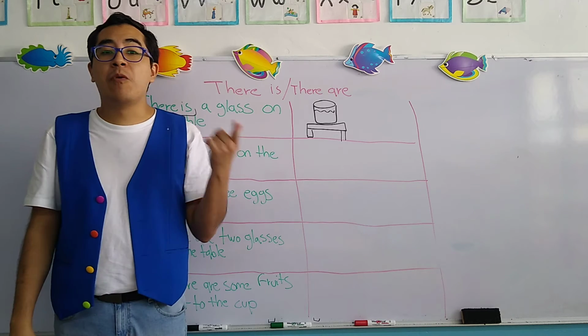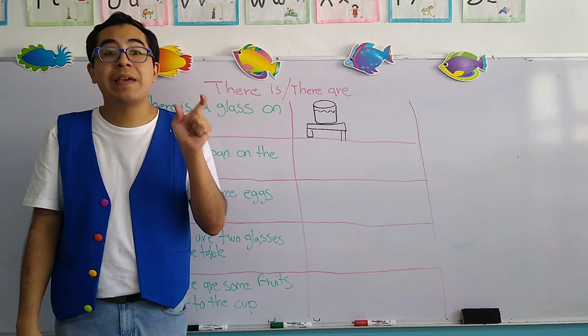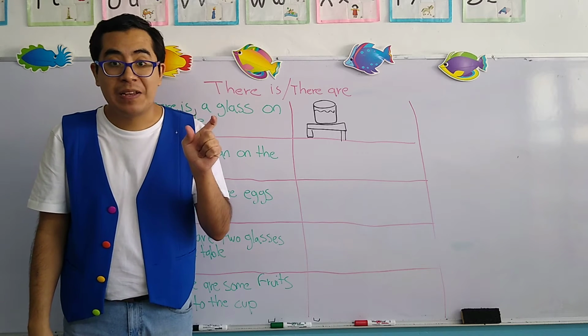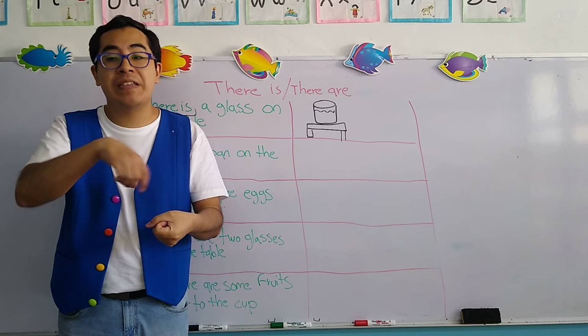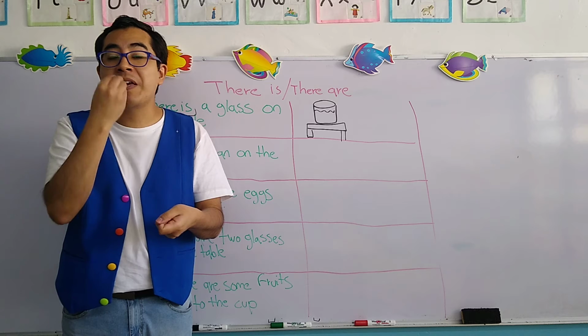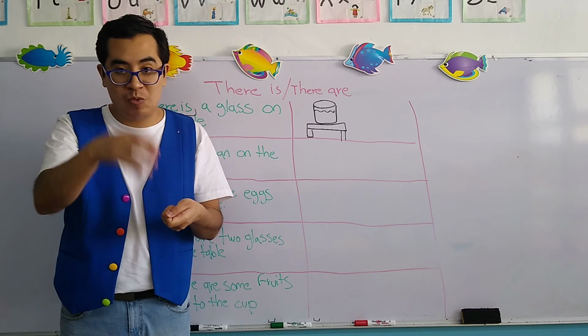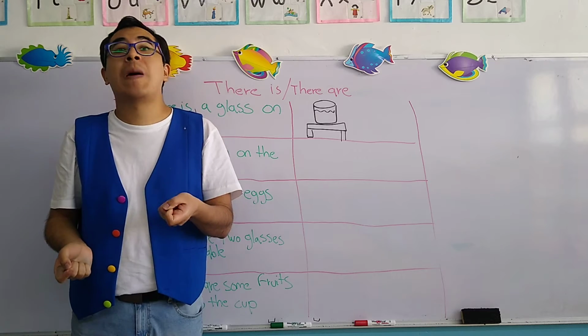Here, the word pan is actually a word in English. The word pan means sartén, okay? And in the pan is where we fry the eggs or where we can heat something that we can eat. So that is called a pan.